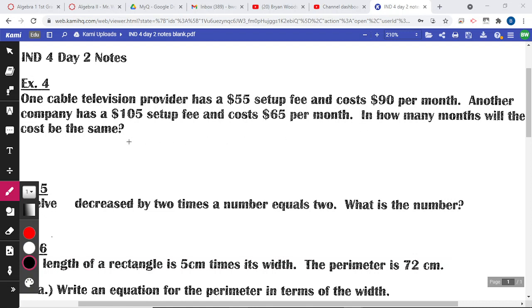So our variable will be m, and that's just the number of months until costs are the same.